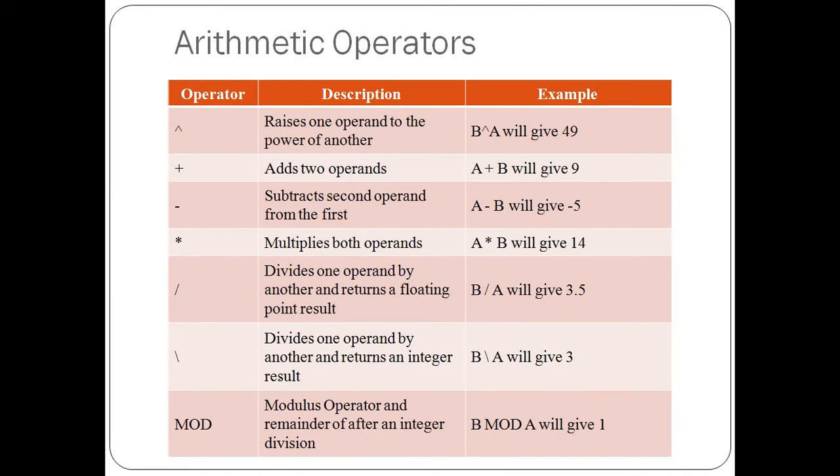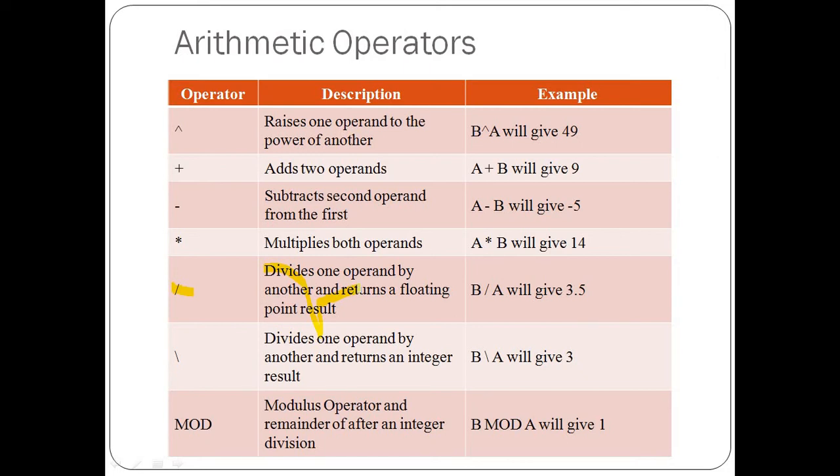If you look at this particular operator, it is a division operator which is used for displaying floating point results, and it will display the quotient as your answer. So the forward slash is used for displaying the quotient as your answer with a floating point result.